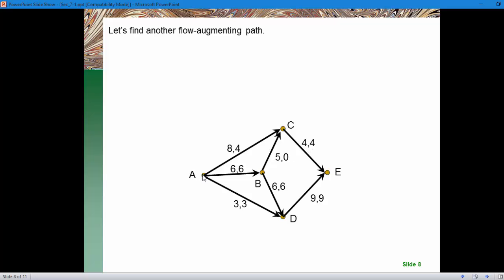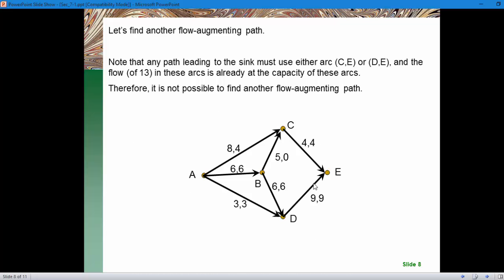Even though I could increase the flow in some of these arcs, for example, along this arc the capacity is 8, and currently the flow here is 4, so I could increase 4 units along this arc. However, those 4 units wouldn't be able to go out of the vertex C. So by looking at these two arcs going into the sink, we can see that we reached the maximum capacity.